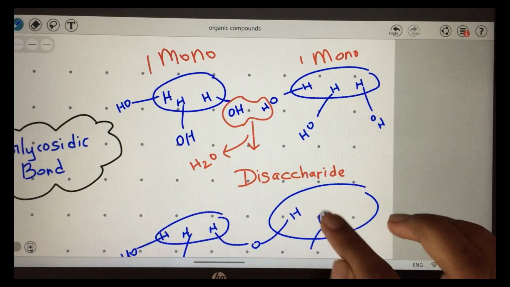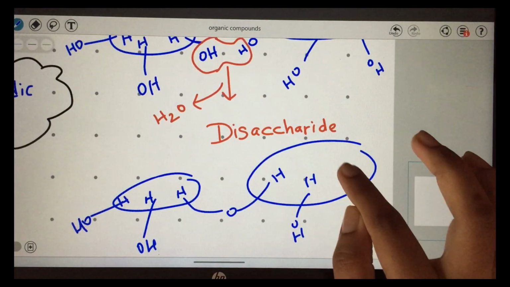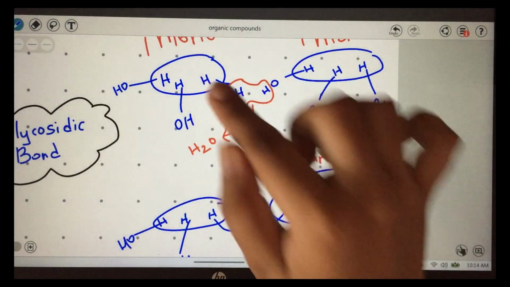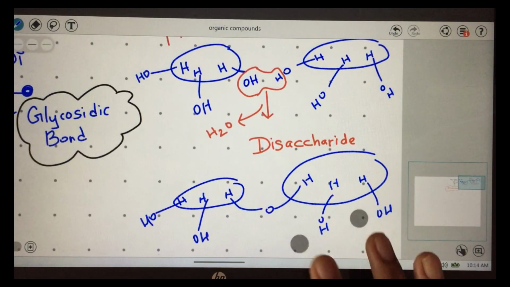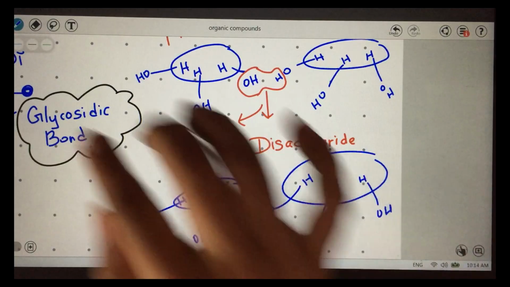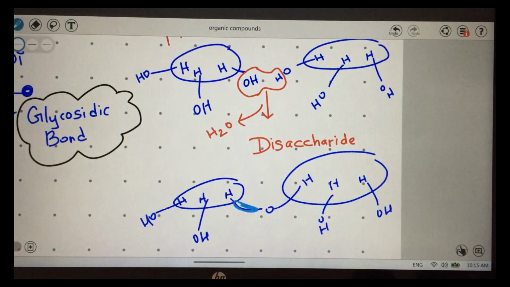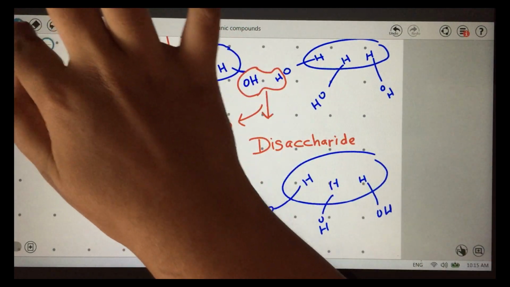Everything else is there as before. The only thing removed is the hydrogen of this one and the OH of this one. And what is the product we have here? This oxygen is going to be there. This is the special part that we have to think about.